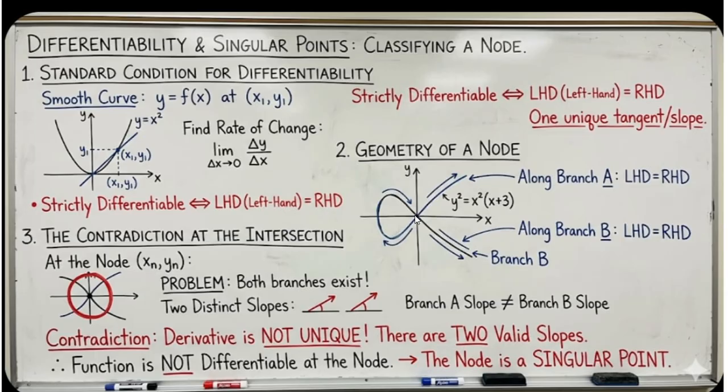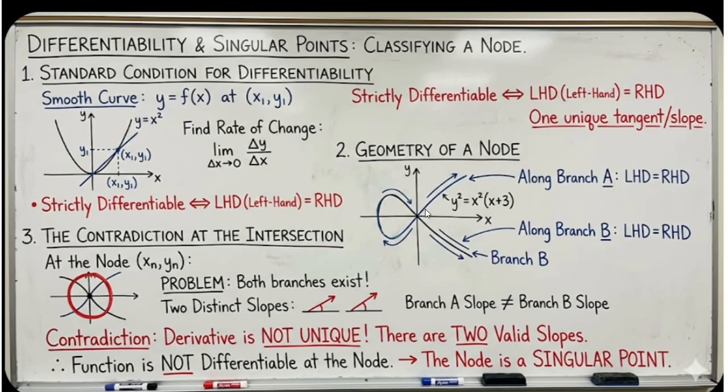Why? Because the line joining x1, y1 to x2, y2, and the line joining x1, y1 to x3, y3, almost align with the tangent drawn at that point. Therefore we can say that the slope of the curve at that point is nothing but the slope of the tangent at that point, as we discussed earlier.